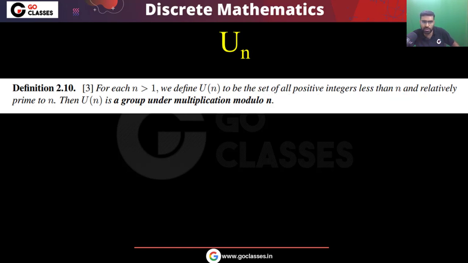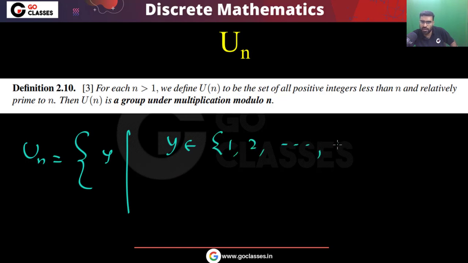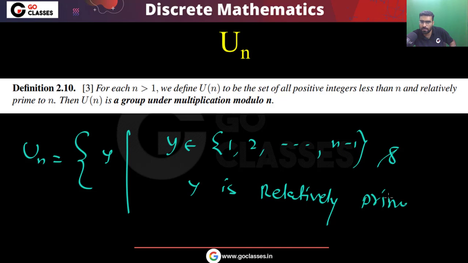I told you that Un means all the elements y where y is from 1 to n minus 1 and y is relatively prime to n, that is, co-prime to n. And this Un is a group under multiplication modulo n.